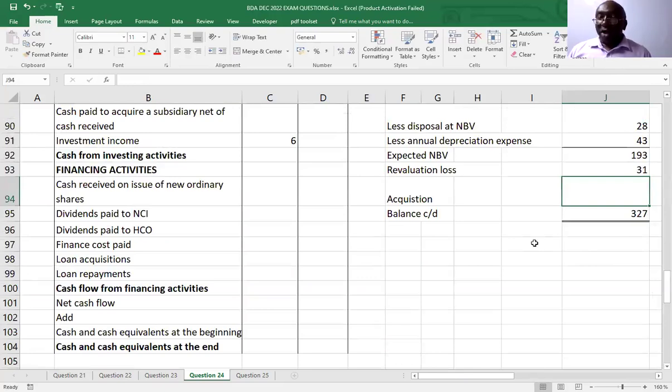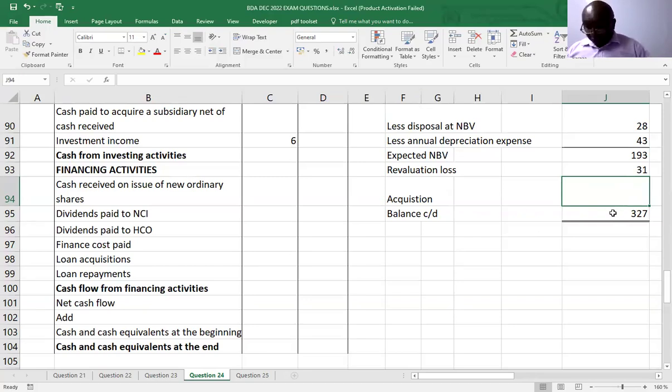Sasa, we have the acquisition. Hiyo ndio imebaki. So how will I get the acquisition? So, I hope tutaipata. Hii tukireduce, when we reduce this, it will give us now something less. So how do I get the acquisition?